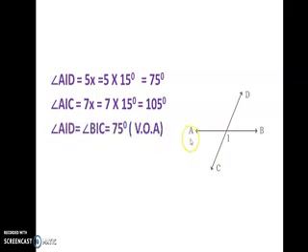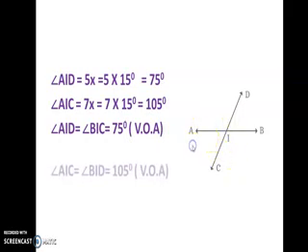And also you know that angle AID and angle BIC are vertically opposite angles, and according to theorem 3.1 you know that these vertically opposite angles are equal. So angle AID is equal to angle BIC is equal to 75 degrees.